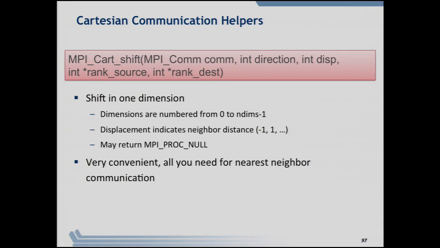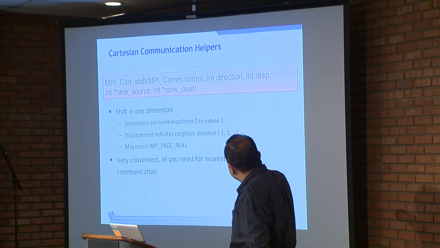And the other useful functions are to know who your neighbors are. This function tells you, in any dimension, who is my neighbor. So if you want to know who is my neighbor, the top, down, left, right, you can even find not the immediate neighbor, but with a skip, that neighbor's neighbor also, and that is the displacement argument.